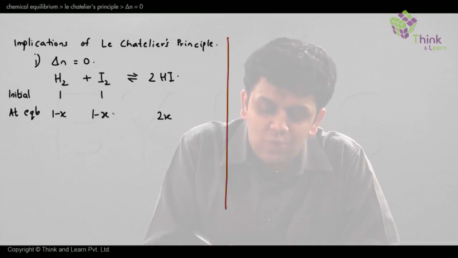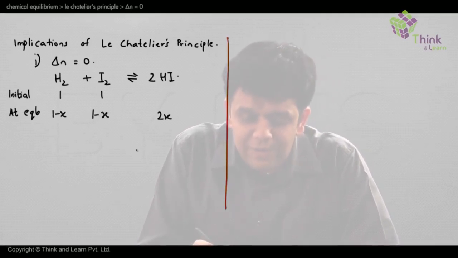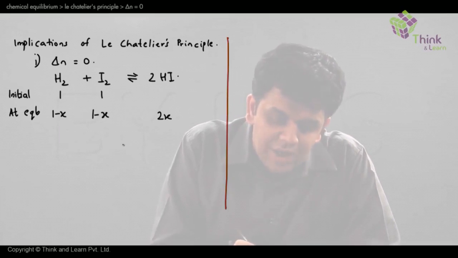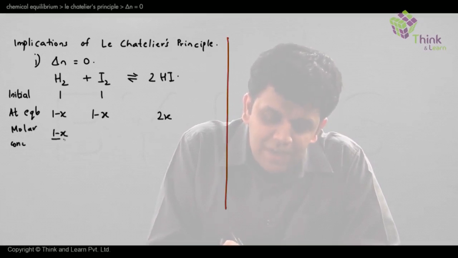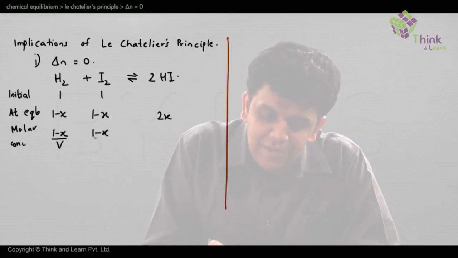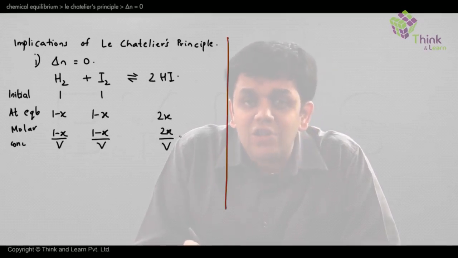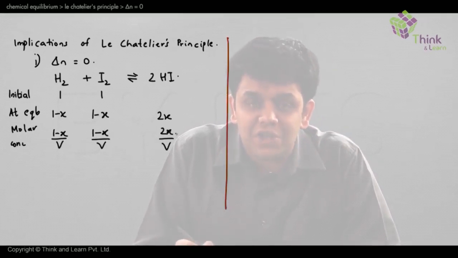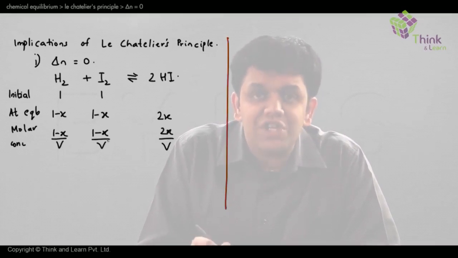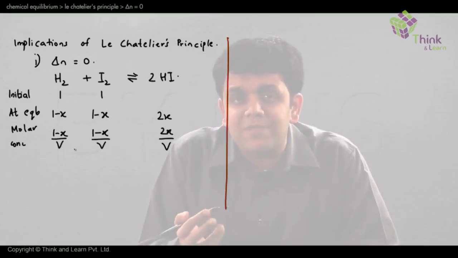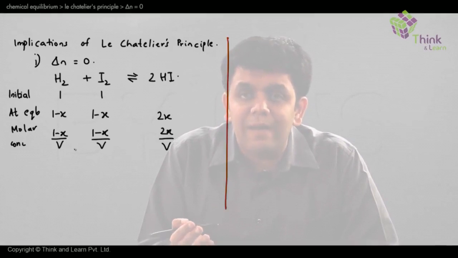Similarly, 1 minus x moles of iodine will remain as well. So in terms of molar concentration, we have (1 minus x)/V, (1 minus x)/V and 2x/V. Now I had introduced the concept called degree of dissociation.